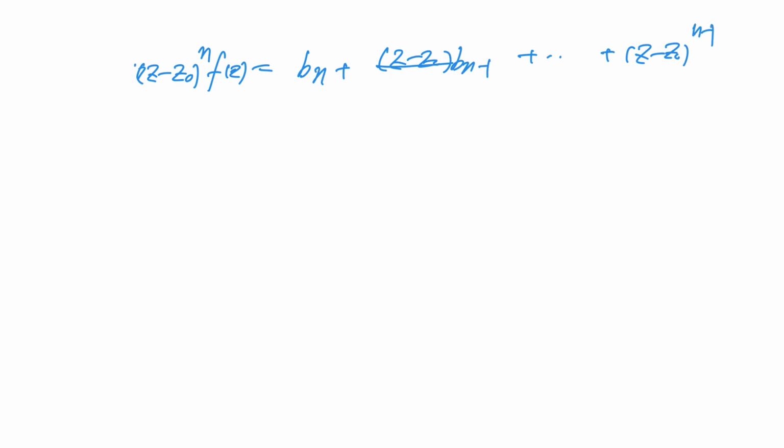(z minus c naught) to the n times f(z) is bn plus (z minus c naught) bn minus 1, and so on, plus b minus 1 (z minus c naught) to the n minus 1, plus (z minus c naught) to the n a0, and so on.